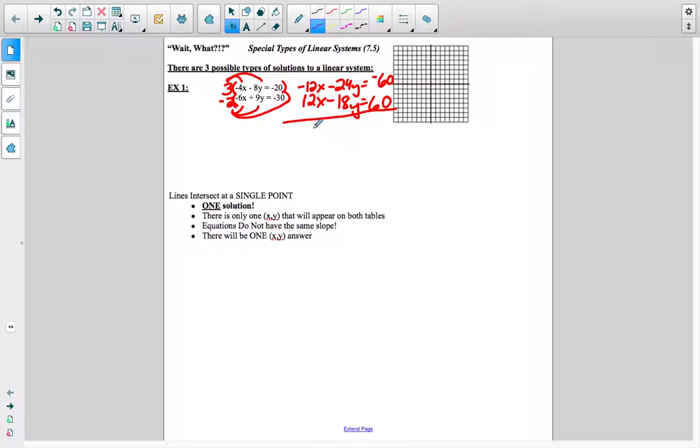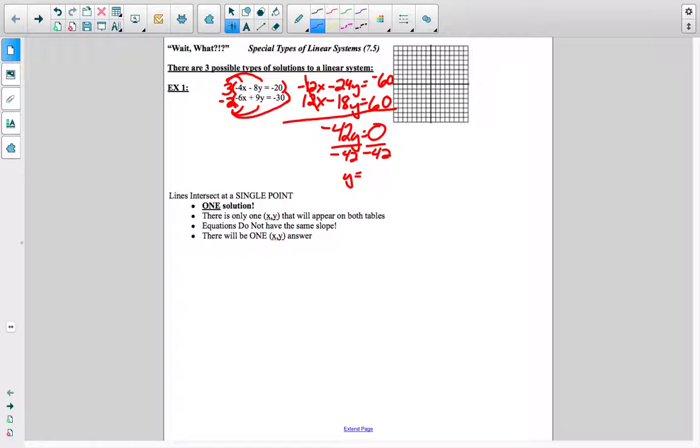So now that we've created opposites in this new system, we can add. The negative 12x plus positive 12x is 0. Here we get negative 42y equals 0. Divide by negative 42.